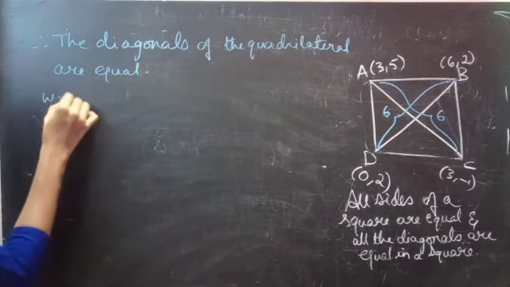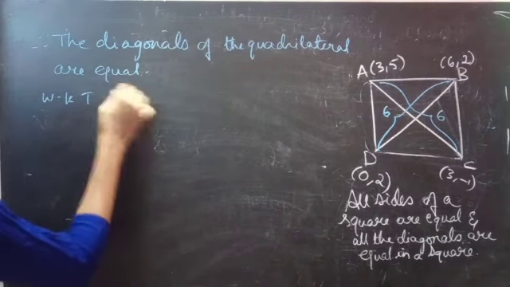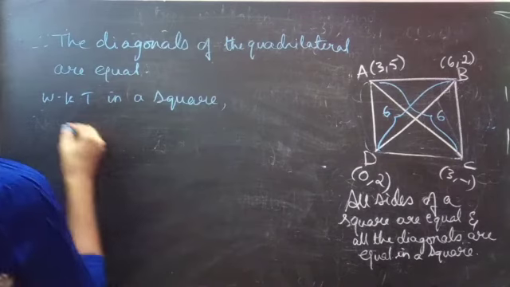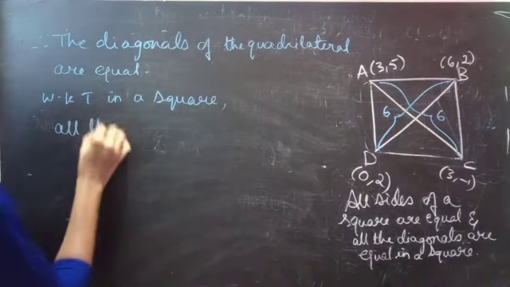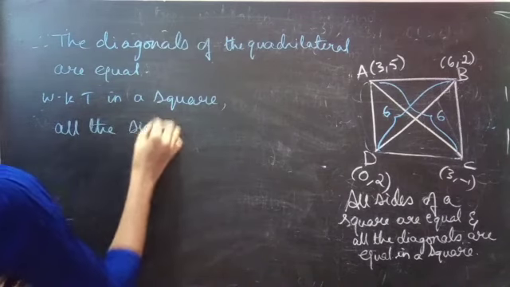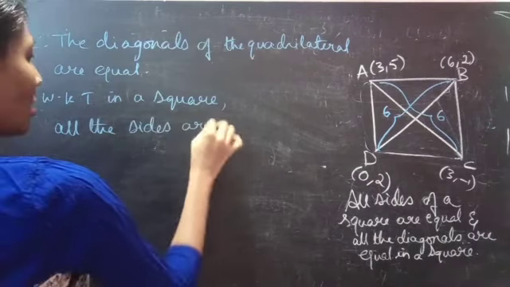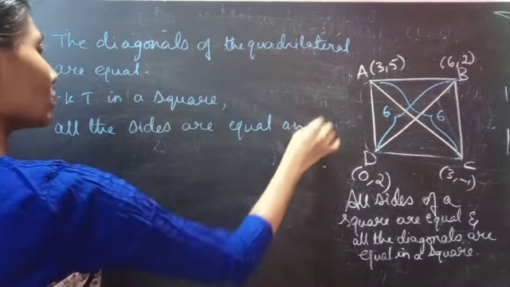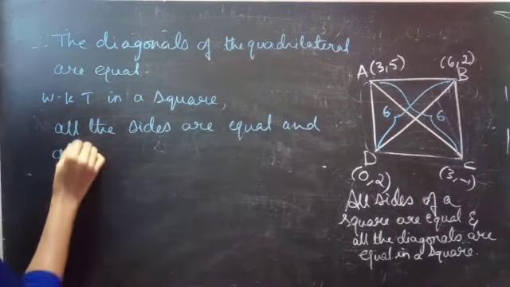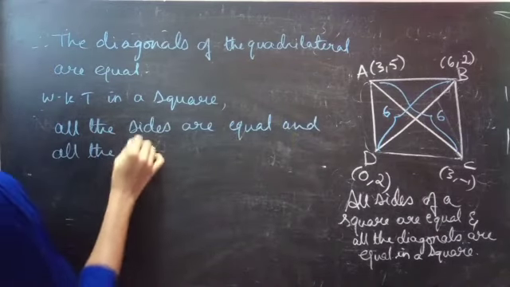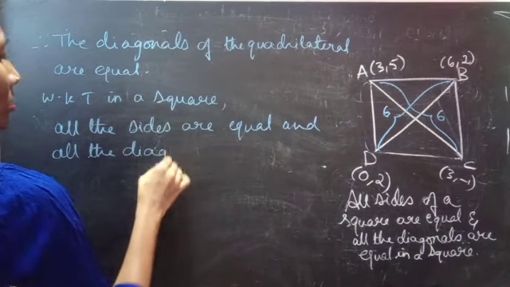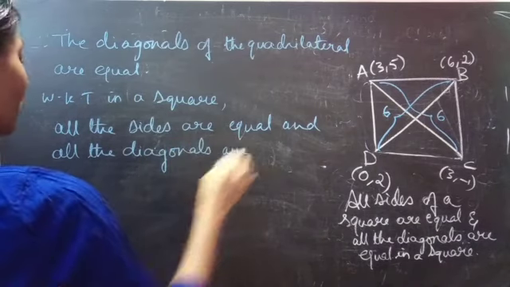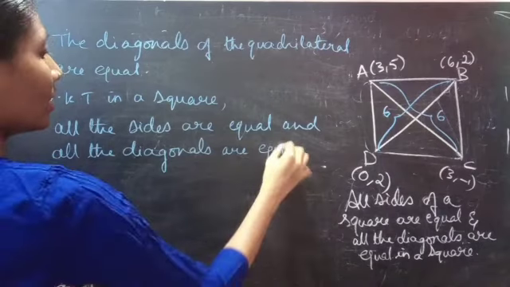We know that in a square, all the sides are equal and the two diagonals are equal.